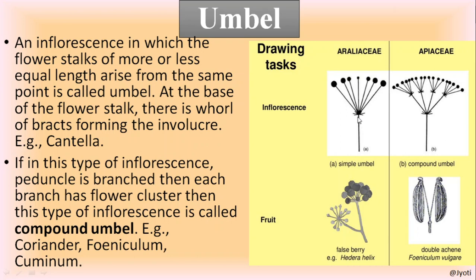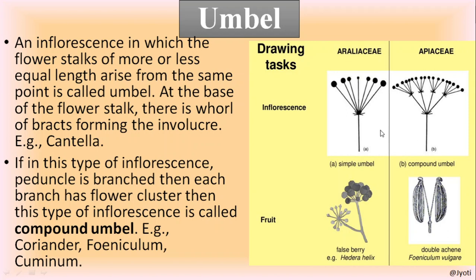Very important: in the case of umbel, the flowers are developed from a common point on the peduncle, and all flowers have an equal length of stalk. The younger flower is at the center, older flowers towards the periphery, and at the base of the whole inflorescence, the bracts are present in the form of a whorl, that is called involucre.